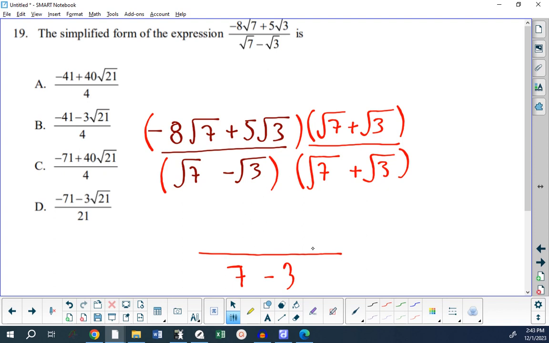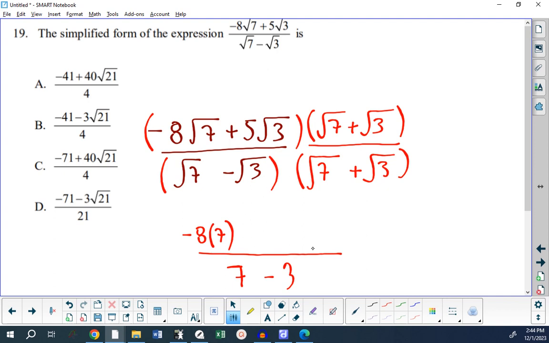In the numerator, we have to FOIL that mess out and see what we get. So if there's a time that calls for being patient and slow and careful and methodical, it's now, right? There's a lot of numbers floating around here. So negative 8 root 7 times root 7 is negative 8 times 7, because root 7 times root 7 is simply 7.